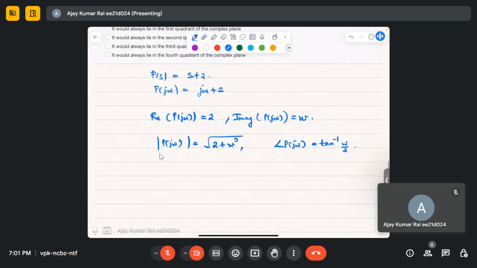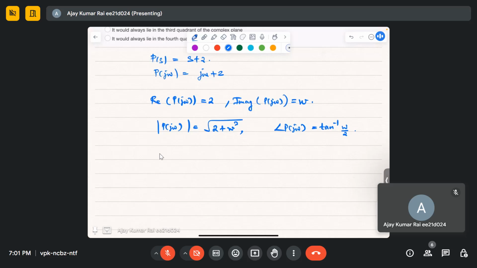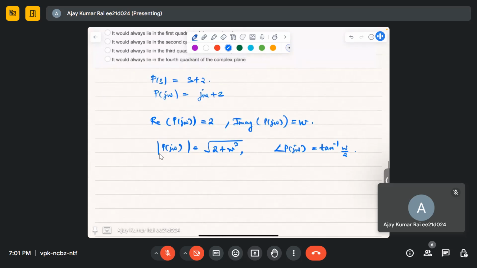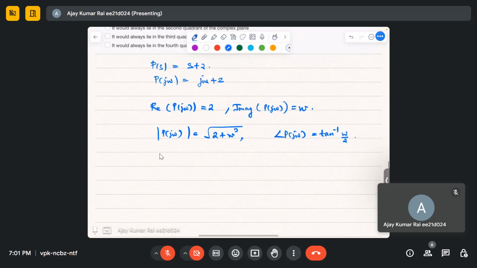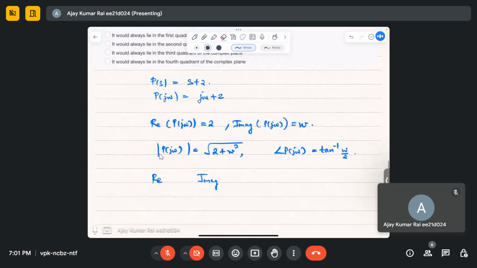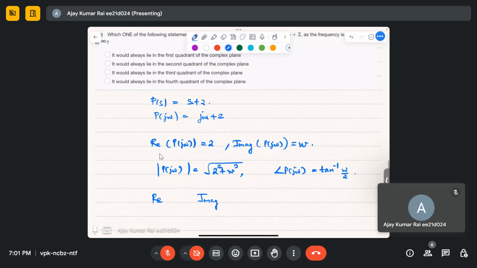So let's take the frequencies omega equal to 0 and omega equal to infinity, and see what the values are. We have to find the real part, imaginary part, magnitude and angle. Sir, isn't it 2 square plus omega square? Yes, 2 square plus omega square, correct.